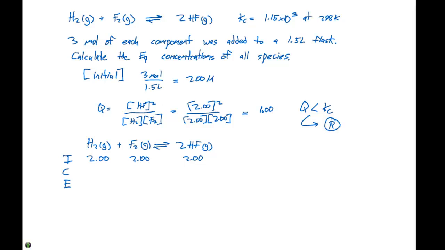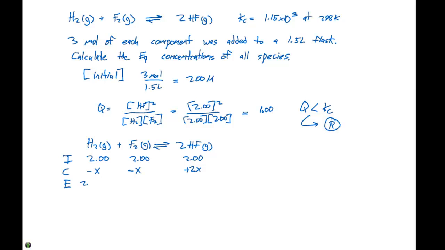So for every x moles of H2 that decreases, there's going to be x moles of F2 that's going to decrease, and there's going to be 2 times as many moles that will increase for HF. So we do this by putting a negative sign in terms of the change that happens for the hydrogen and the fluorine, and plus 2x, a positive sign, for the increase of the concentration of the HF.